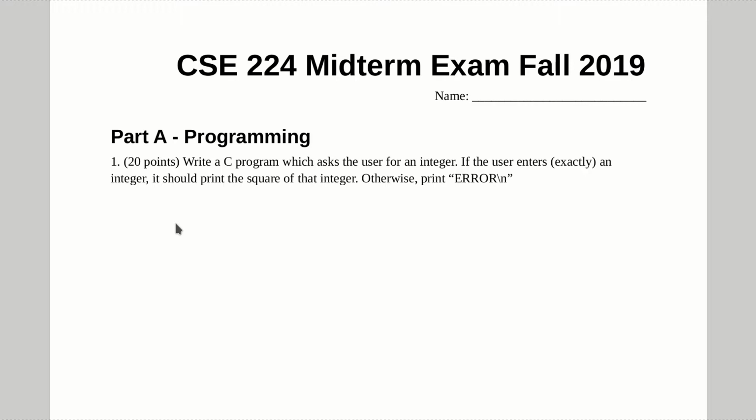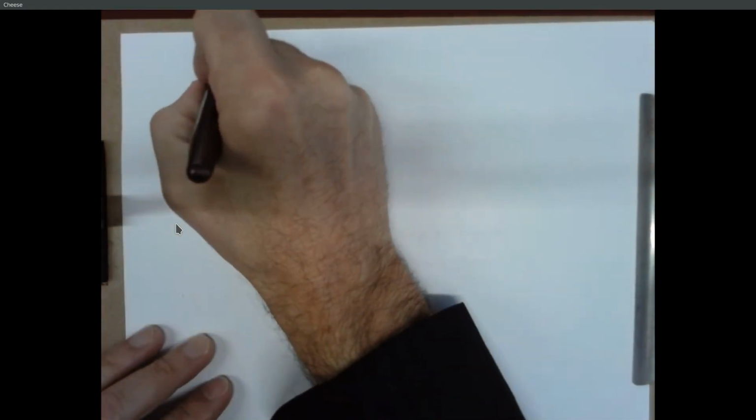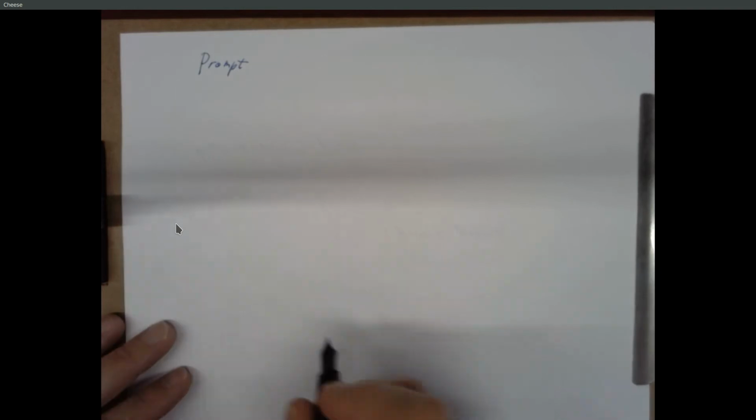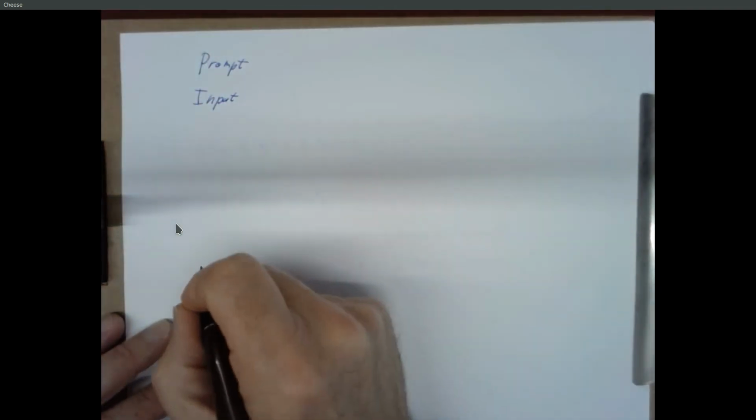Ask the user for an integer. That's a prompt. And we're often going to see this sequence: a prompt, which says, hey, user, give me an integer, followed by some sort of input operation.